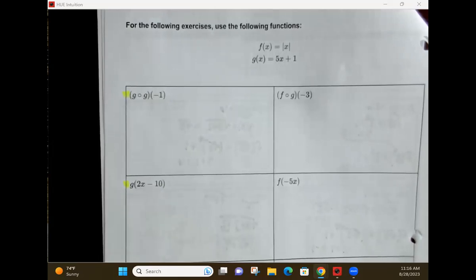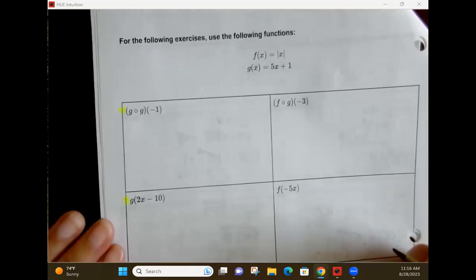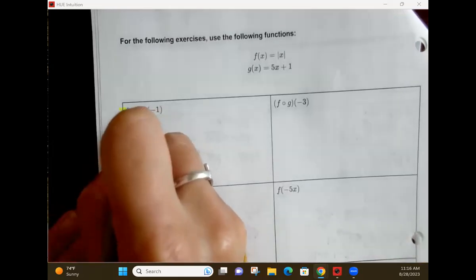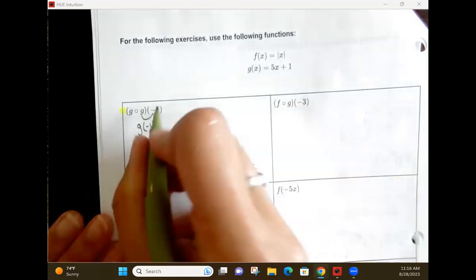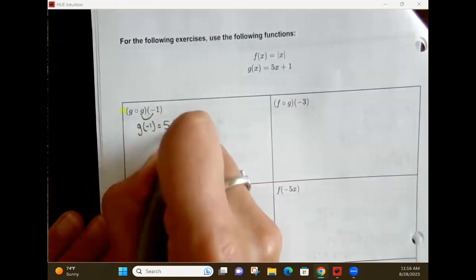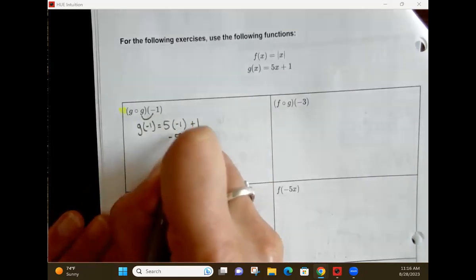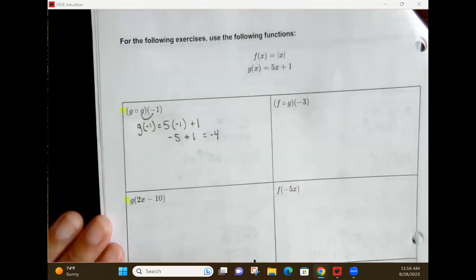Alrighty, our very first problem for this last set of functions is evaluating at a number. So we want to find g of g of -1, right? We're working inside out. We're plugging -1 into our function g of x. So this would be 5 times -1 plus 1. That's -5 plus 1, which is -4.